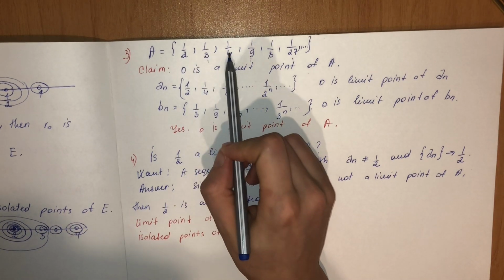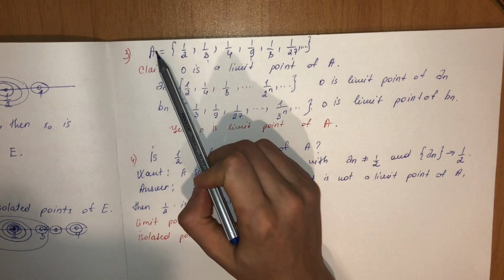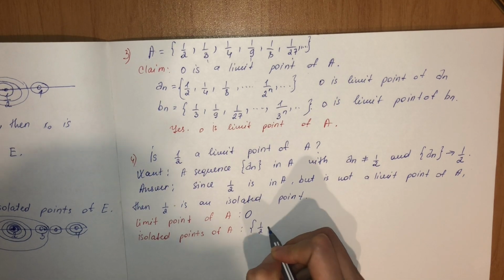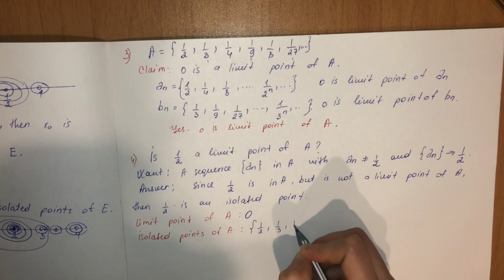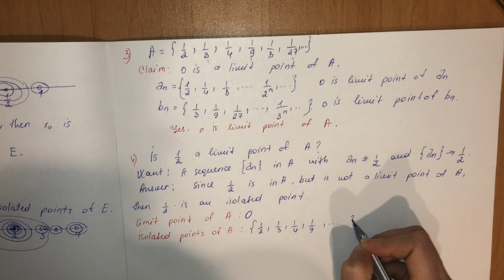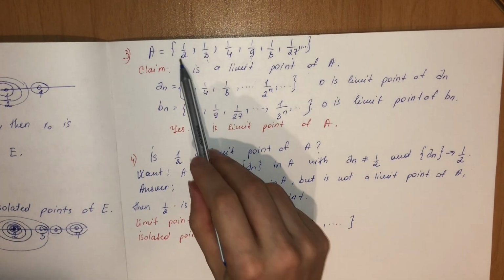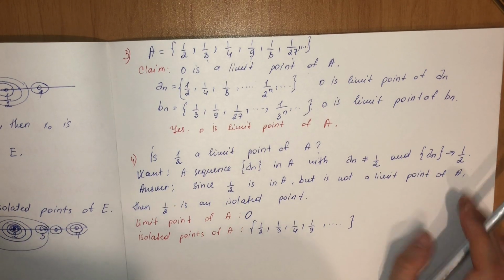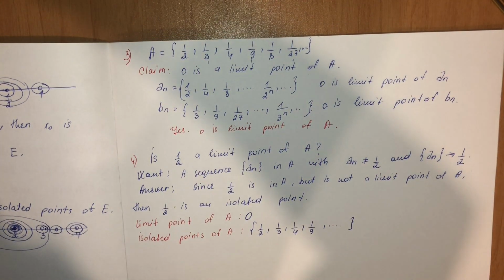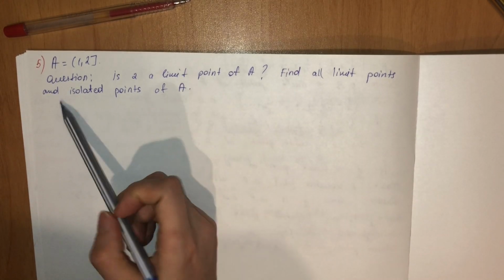All these points are isolated points: 1 over 2, 1 over 3, 1 over 4, and so on. It keeps going. All these points are isolated points. Okay, let's continue. Next question.